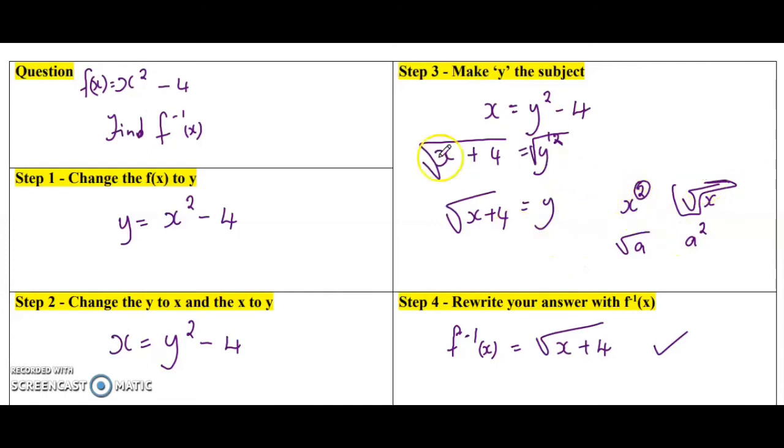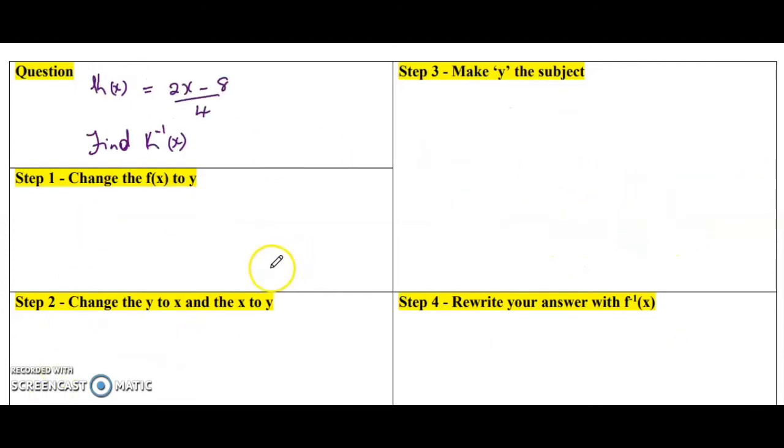Our next question is the function k of x is equal to 2x minus 8 over 4, and we're supposed to find the inverse of k. So what I'm going to do, I'm going to change my k of x to y. So I'm going to have y is equal to 2x minus 8 divided by 4.